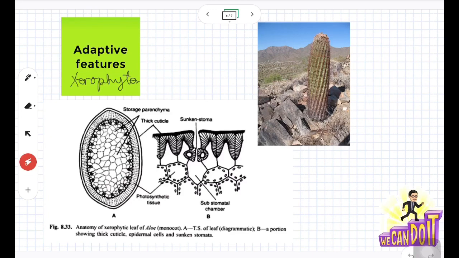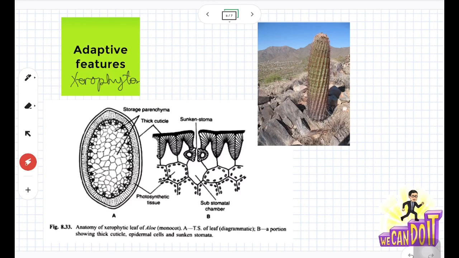Their adaptive features, the first one, it has a thick cuticle, which is to minimize evaporation. It has sunken stomata to maintain humidity around the stomata and therefore reduce diffusion of water out of the plant.